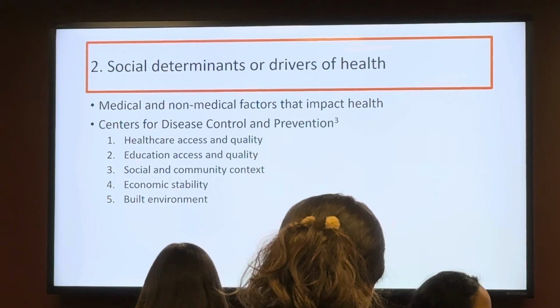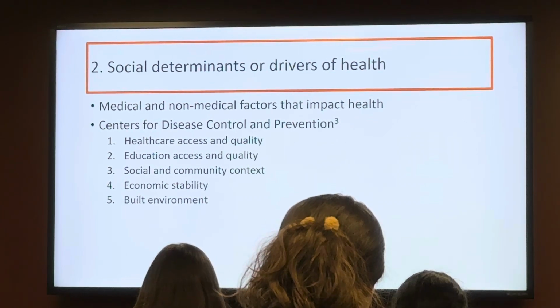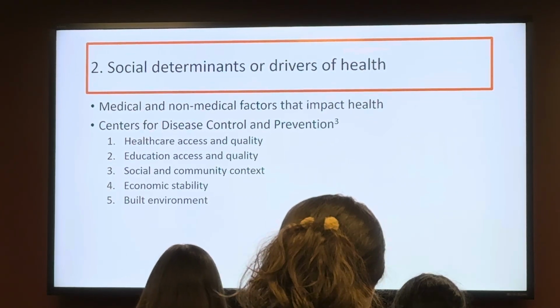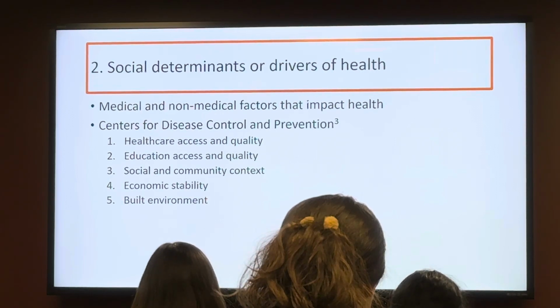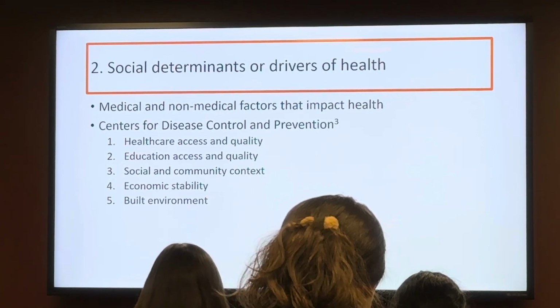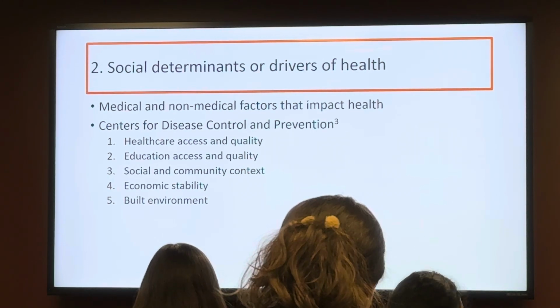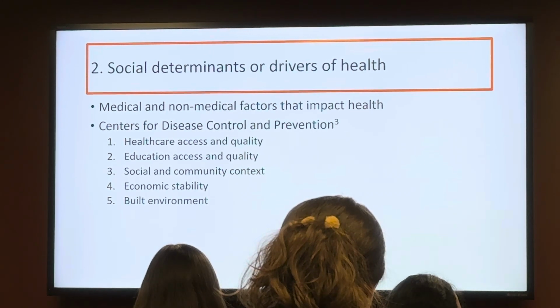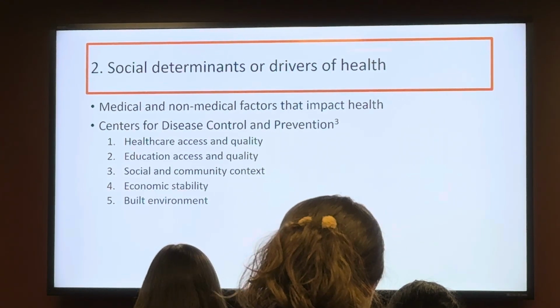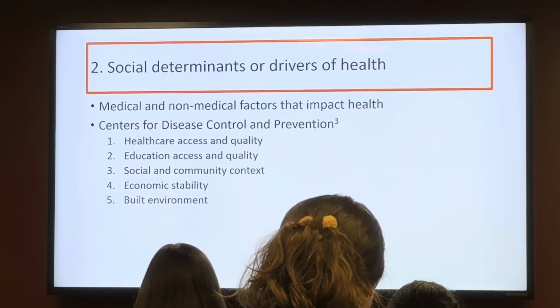If you've heard these terms, it's more likely that you've heard the term determinants of health versus drivers of health, but a lot of the literature now is starting to refer to it as drivers. And I think their reasoning is when you say something is determined, it's like you can't change that. It's determined. Whereas if you think about driving something, if your health is a vehicle, you can turn that and go in a different direction.